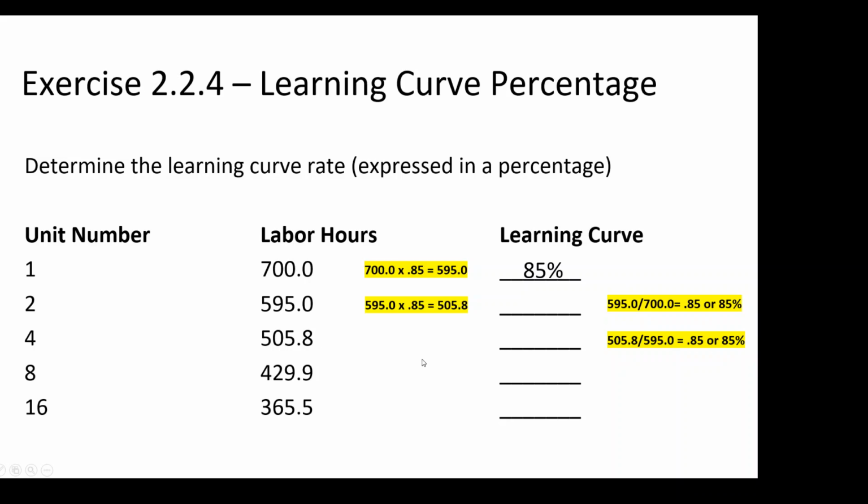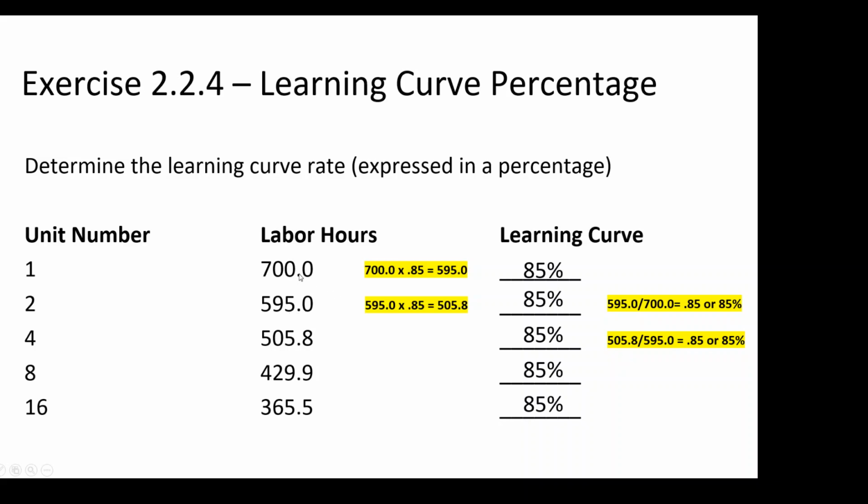Now, the shortcut I was talking about, let me go ahead and fill these in. On the exam, let's say they give you 4 choices: 65, 75, 85, 95. You're like, which one is the learning curve? Oh my God, I don't know. All you have to do is 700 times 65. Do you get this number?